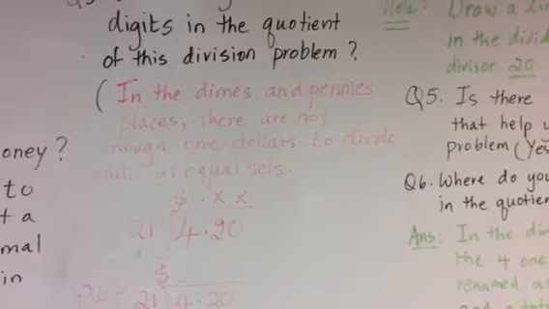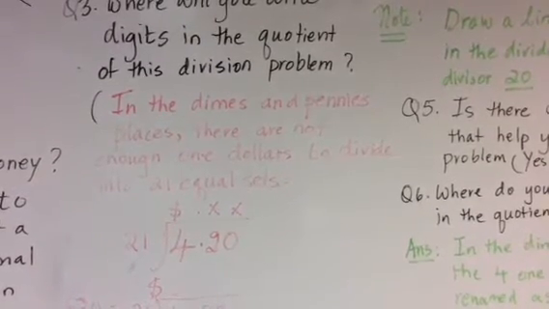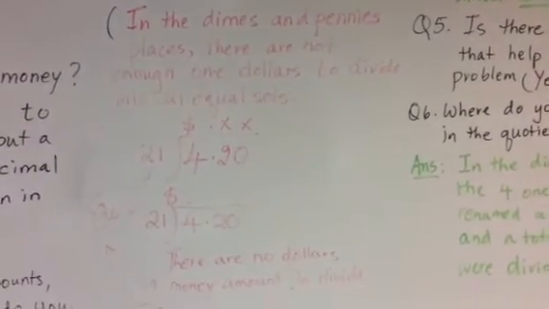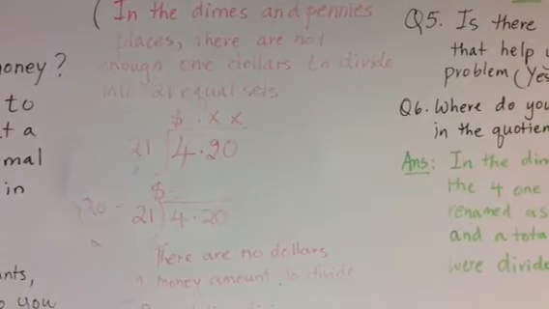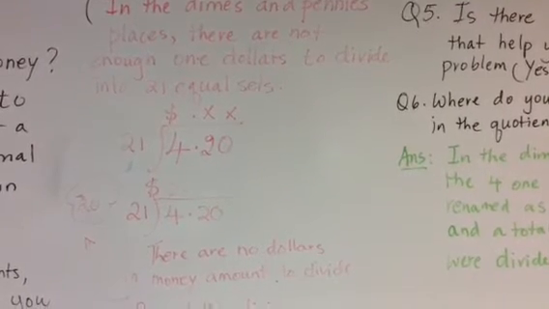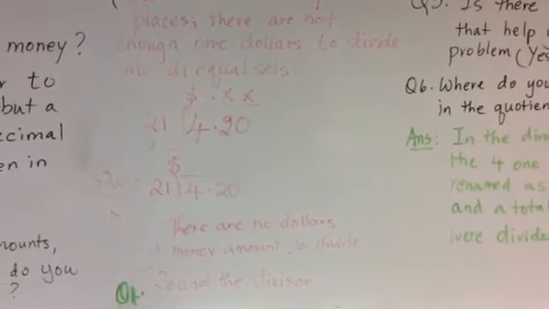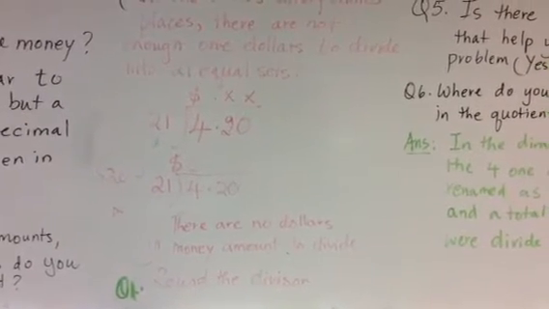So your digits will go where I put the XX. So there is no dollar amount to divide. So first we have to round the divisor. 21 will be rounded to 20.